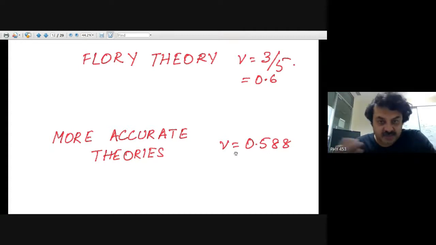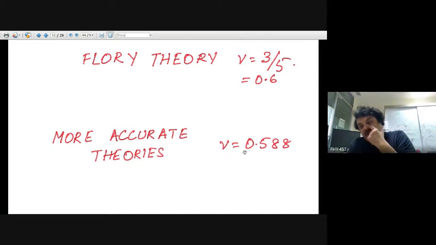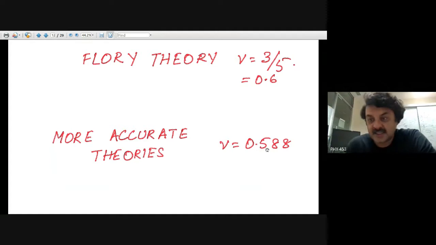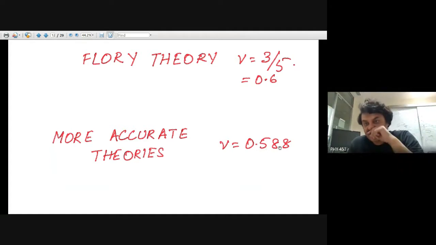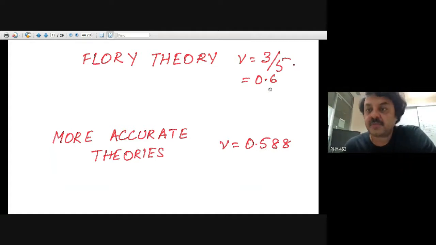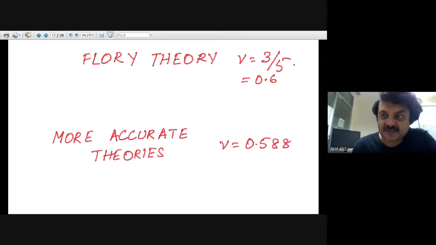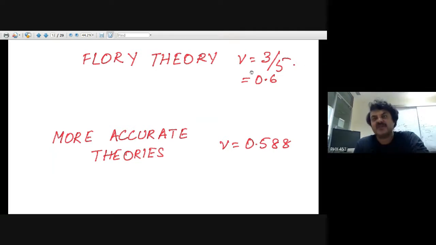They are much more intense, but they calculate nu as 0.588, which is about 0.59, and not much different from 0.6.